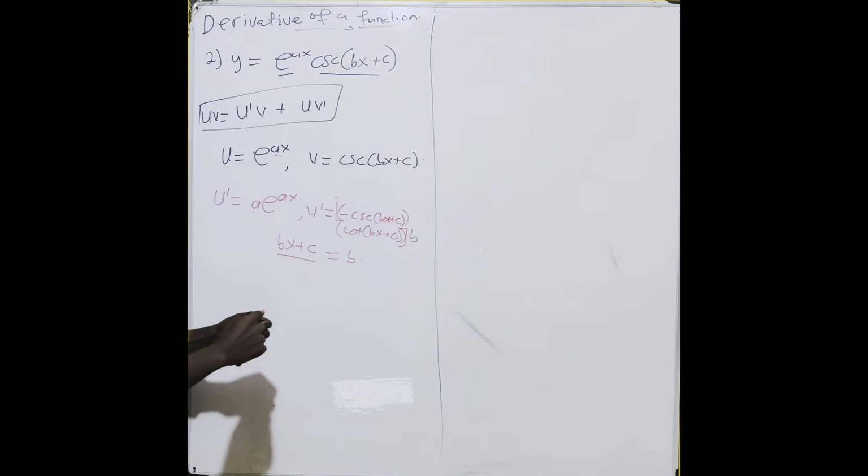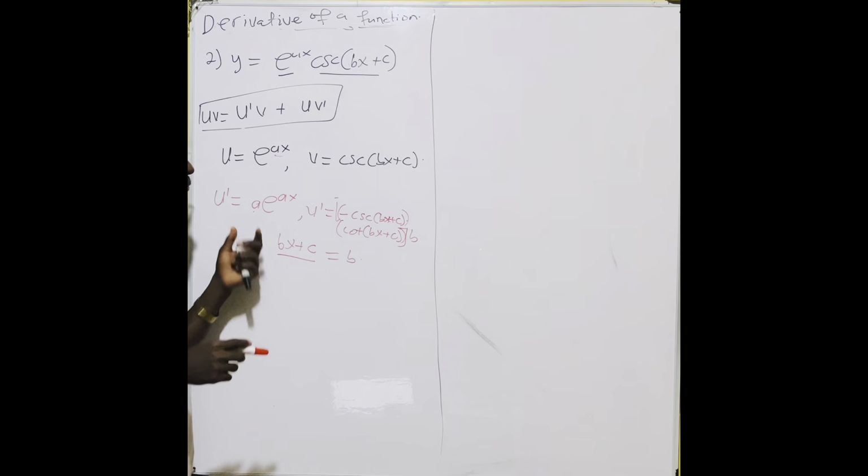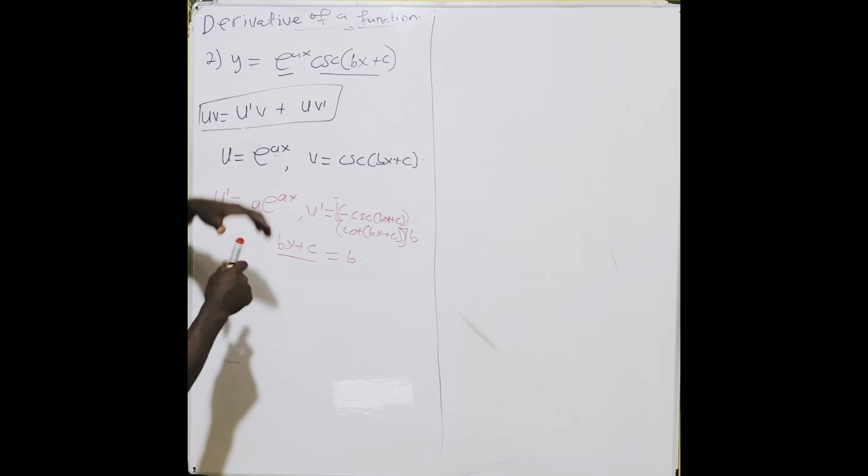Right? So this is what we have for v prime, and this is what we have for u. So we just have to substitute into the formula.